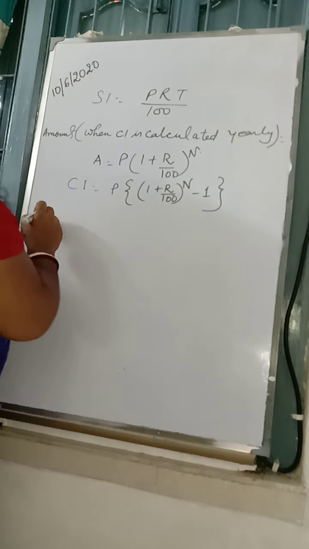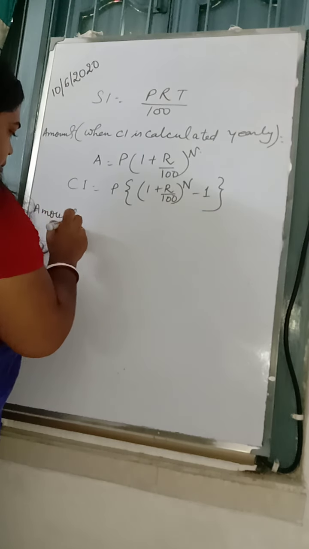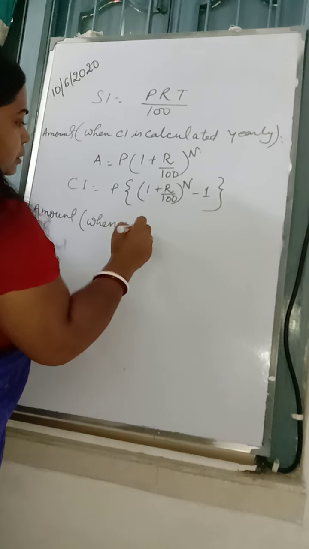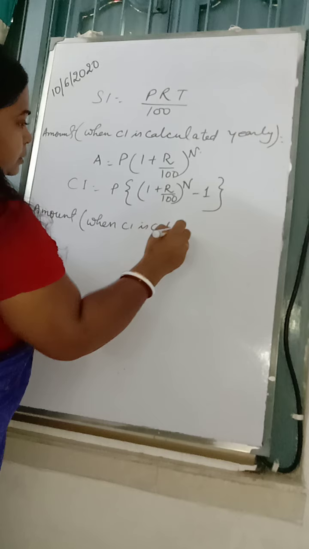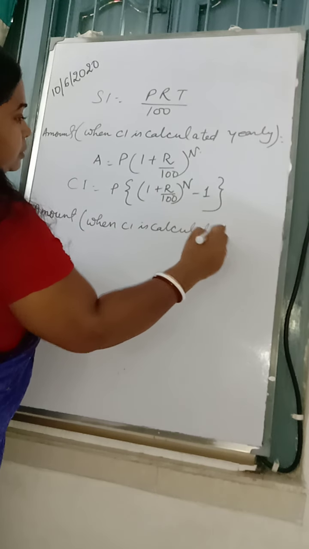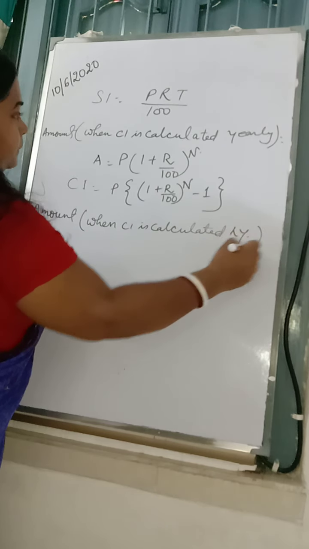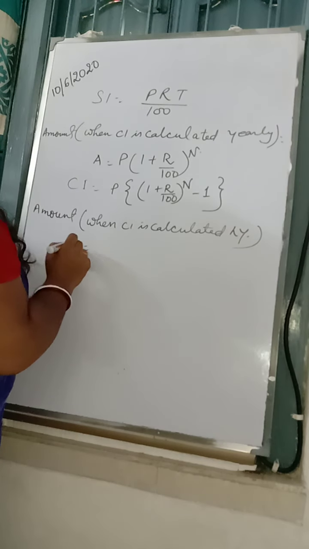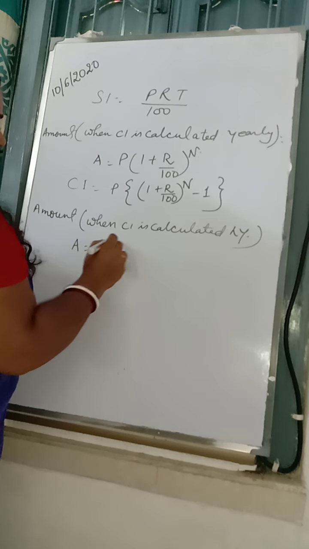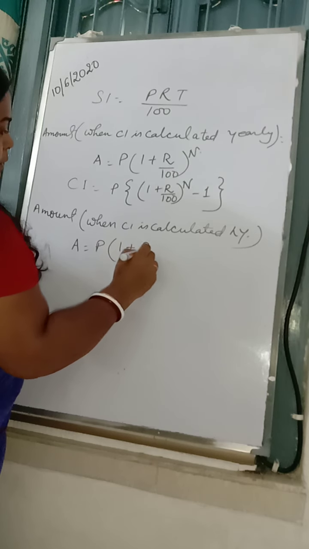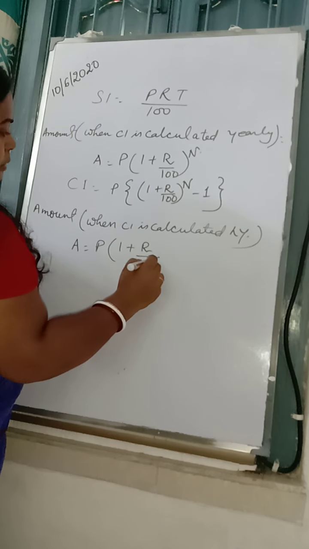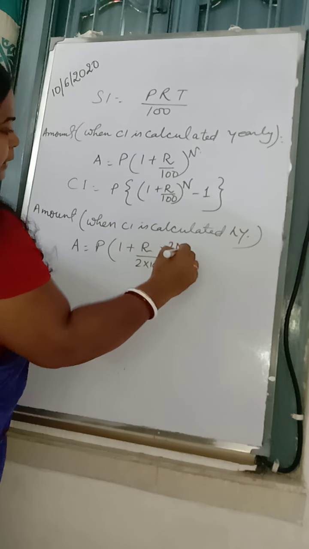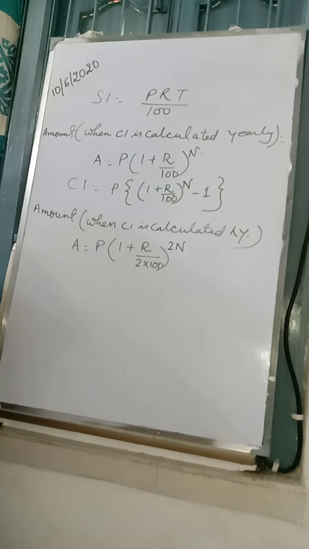And amount when CI is calculated half yearly, then A would be P into 1 plus R by 2 into 100, means rate is divided by 2 and time is multiplied with 2.